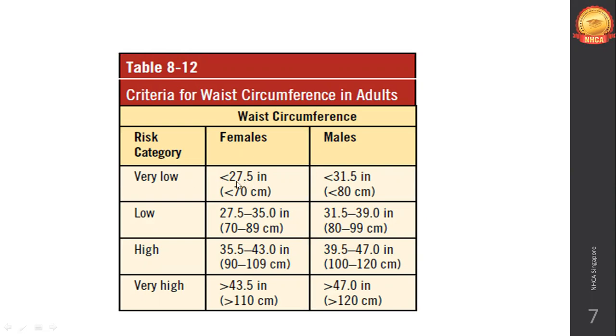Females whose waist is less than 27.5 inch, and males if it is less than 31.5 inch, have a very low risk of developing CVD, cardiovascular disorders. But you can't just go by waist circumference. The risk factor of cardiovascular diseases is much more than your waist circumference.